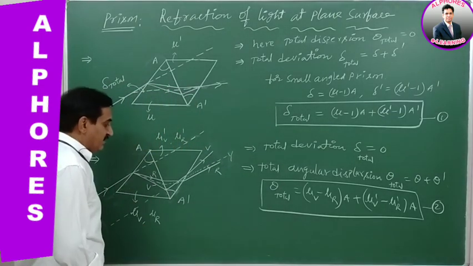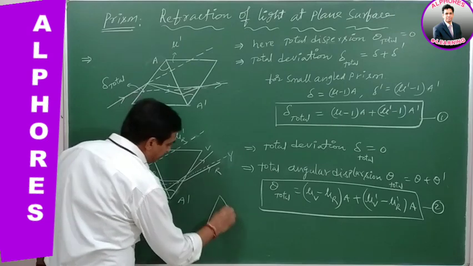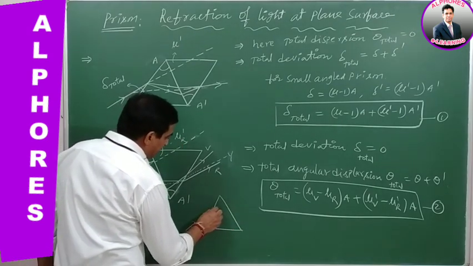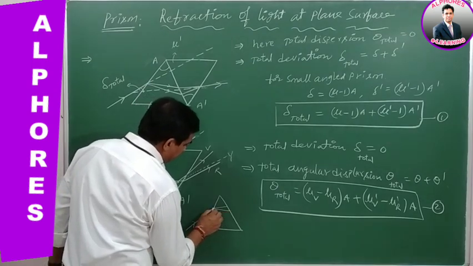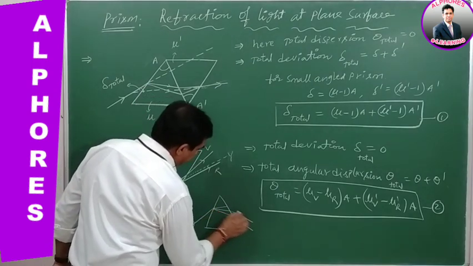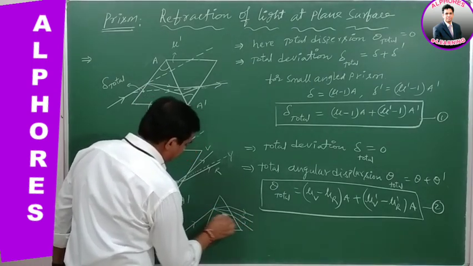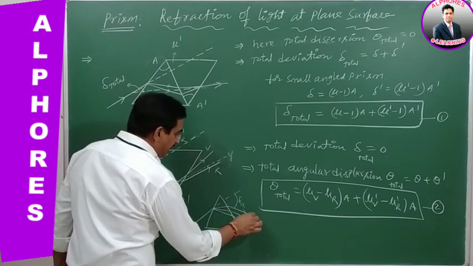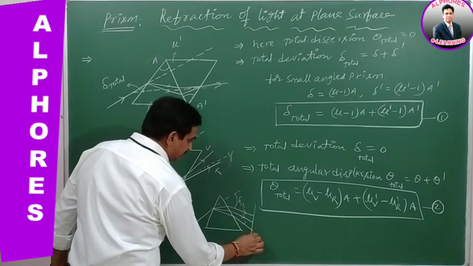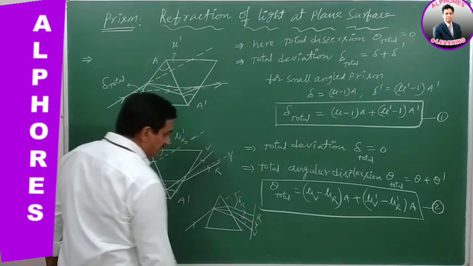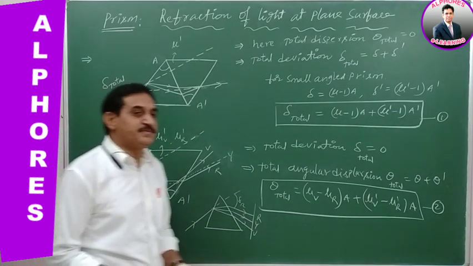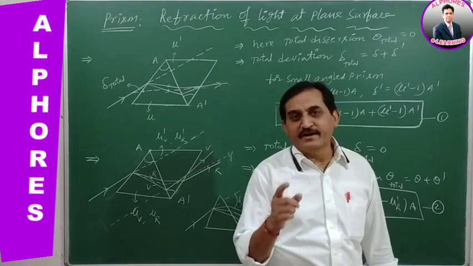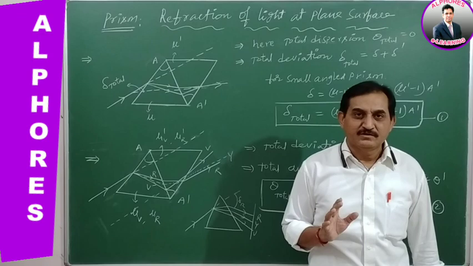So finally we conclude that when white light is incident on a prism, it gives dispersion and also deviation, both. Right? So a single prism will not give only one kind of result.